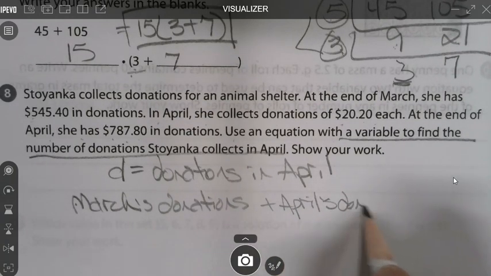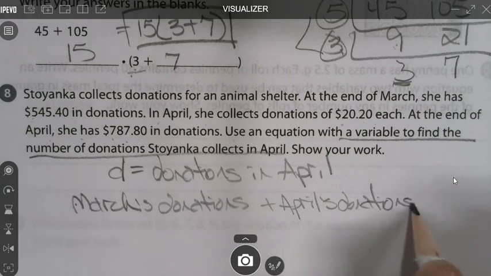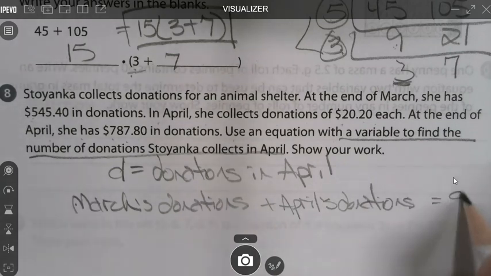April's donations. Sorry, that turned into one word. And it should be the amount donated by the end of April.